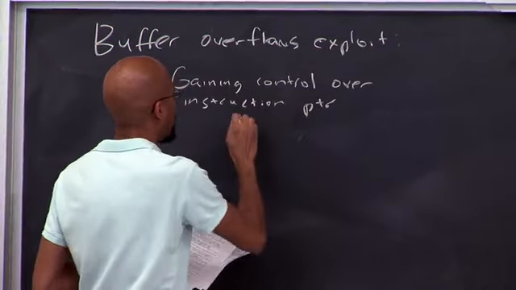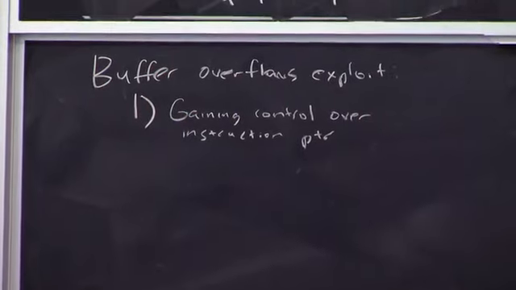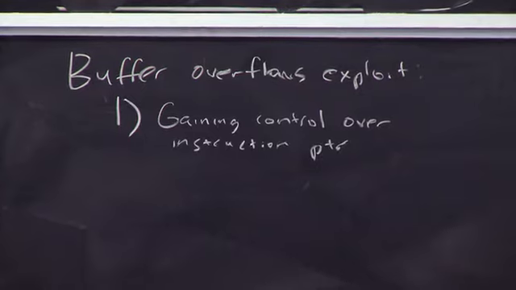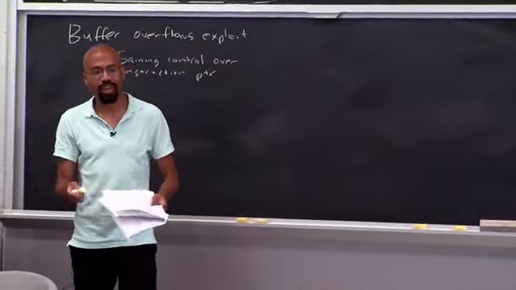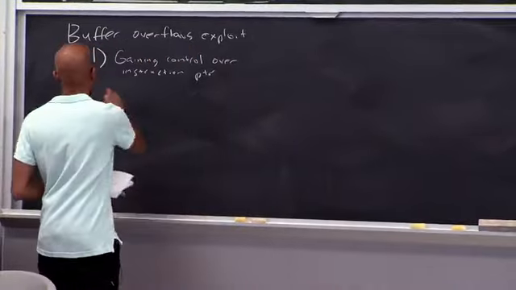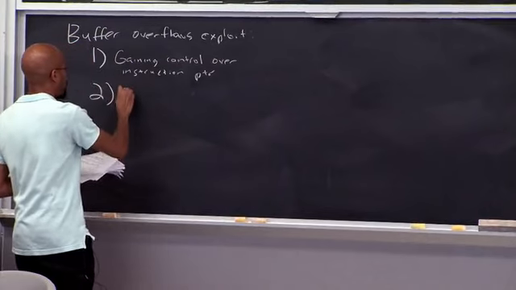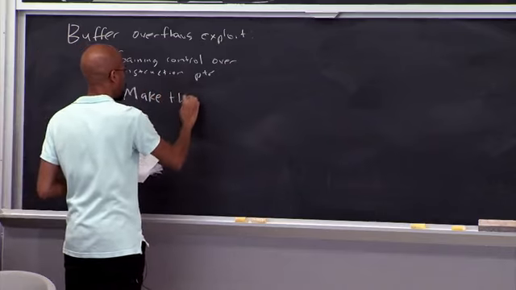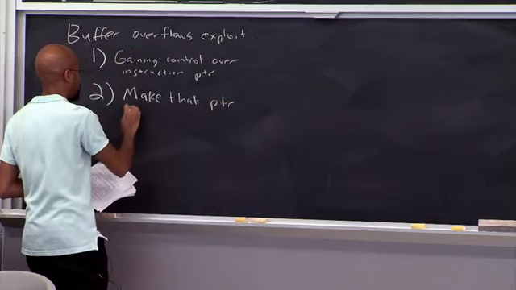By this, I mean that somehow the attacker figures out some place in the code that it can make the program jump to, against the program's will. Now, this is necessary but insufficient for an attack typically to happen, because the other thing that the attacker needs to do is basically make that pointer point to malicious code.